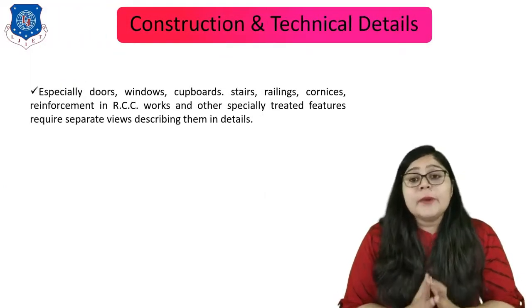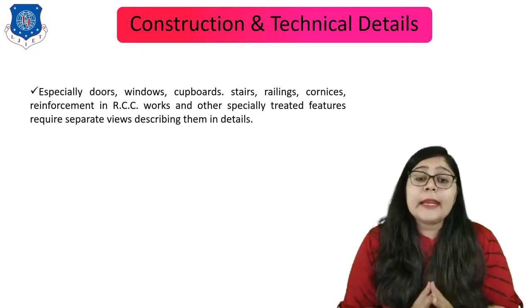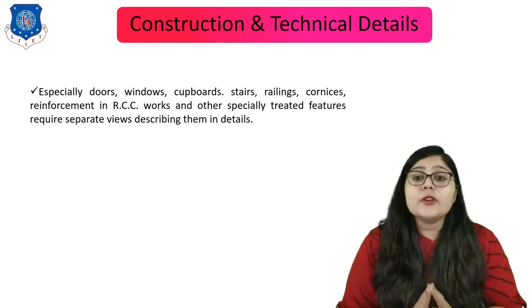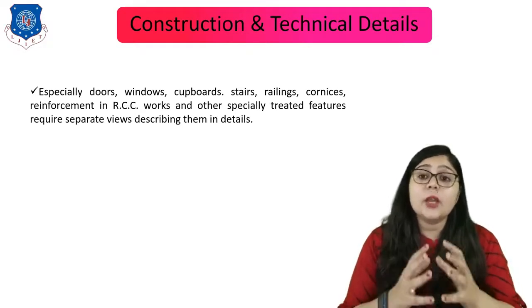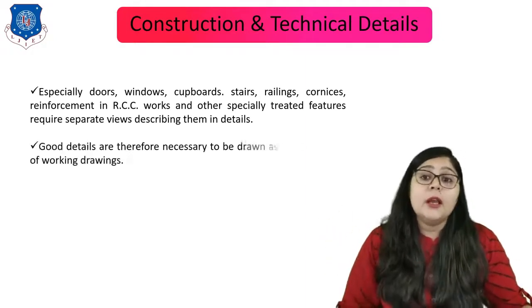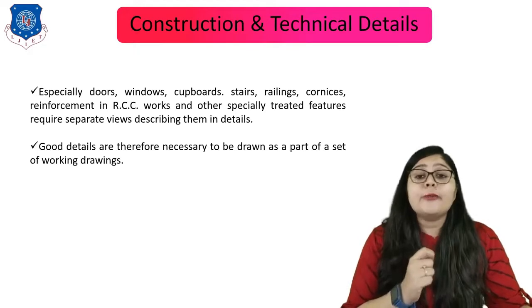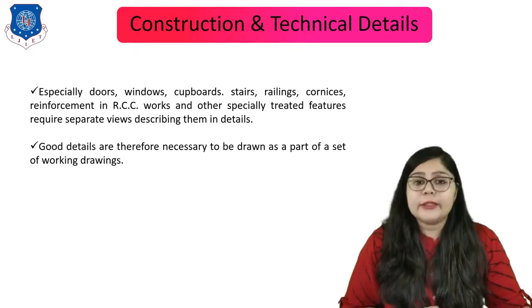Especially for doors, windows, cupboards, stairs, railings, cornices, reinforcement in RCC works and other specially treated features, separate views describing them in detail are required. So good details are necessary to be drawn as a part of a set of working drawings, right?